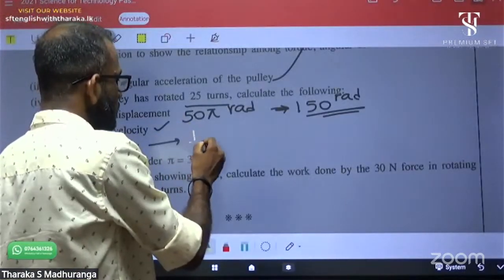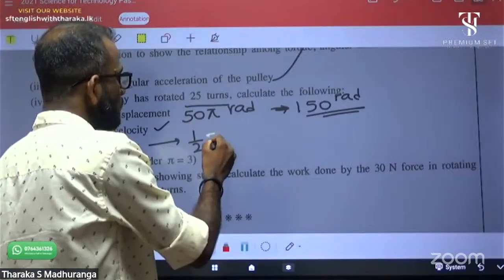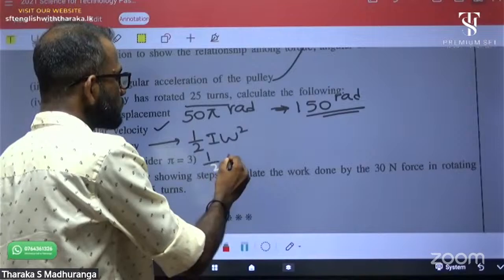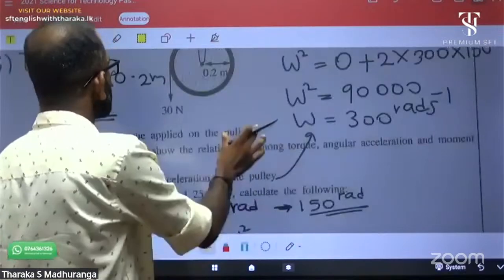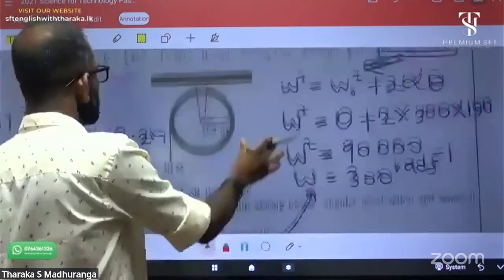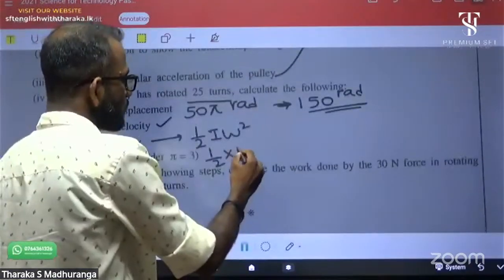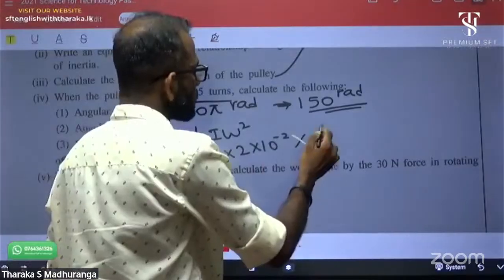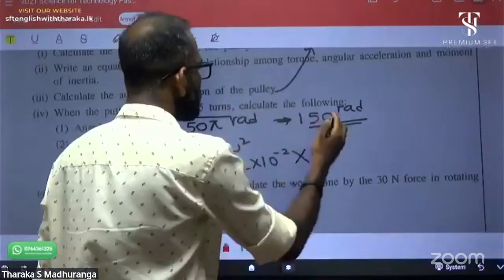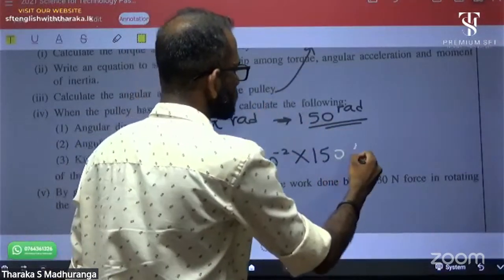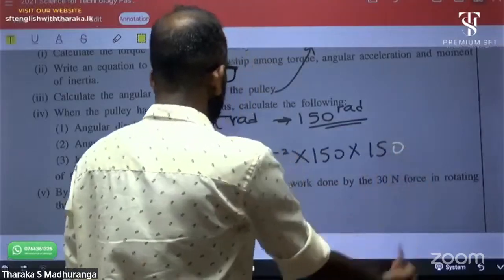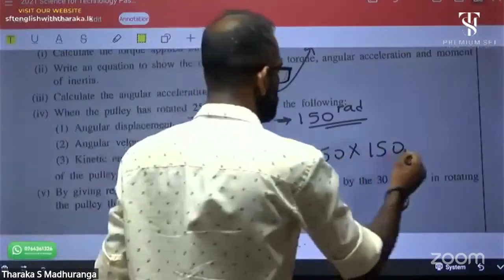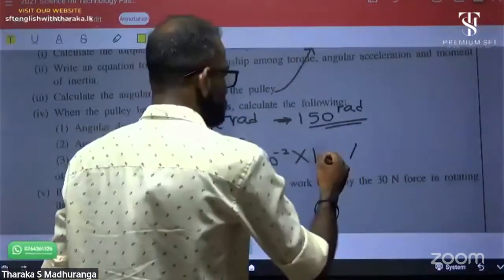The kinetic energy equation is also given, half I omega squared. Half is a constant, I is given, the moment of inertia, 2 into 10 to the power minus 2. Omega squared, omega 300 into 300, sorry, not 150.